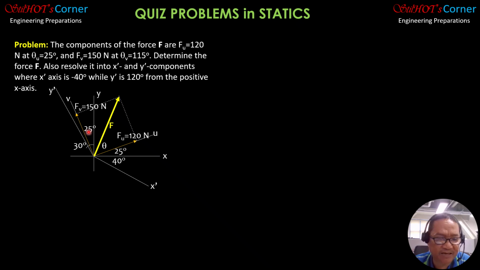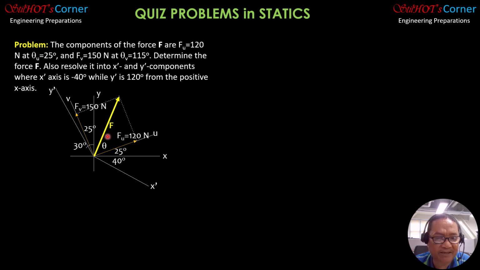So that means Fu and Fv are perpendicular to each other. So the resultant, which is represented by the diagonal of supposedly the parallelogram, which reduces to a rectangle, is this vector represented by the yellow arrow.